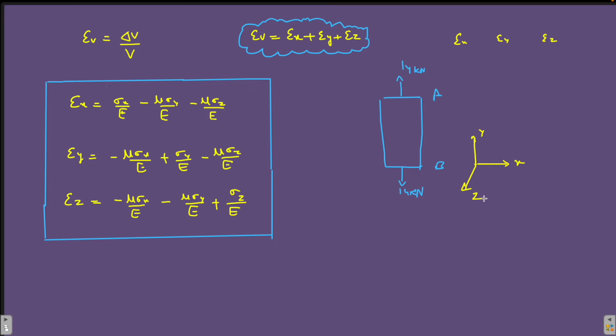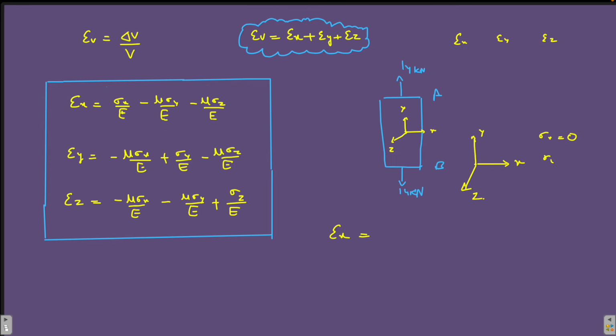Now there is no stress acting in the x direction. What we are doing is finding the strain in x direction. There is no load acting in the x direction, so sigma x will be 0, right?